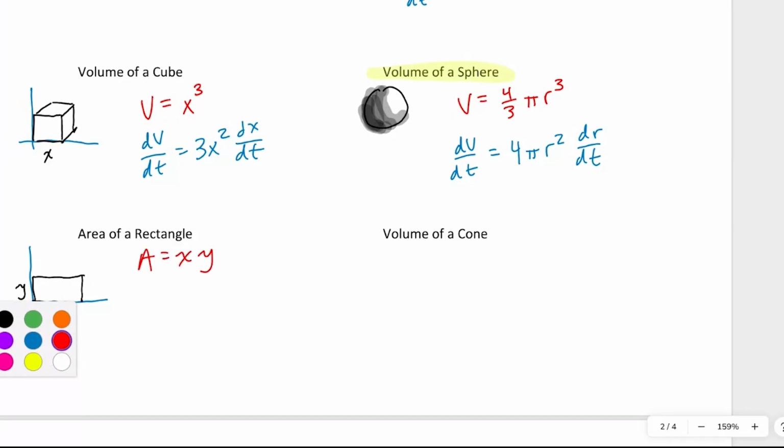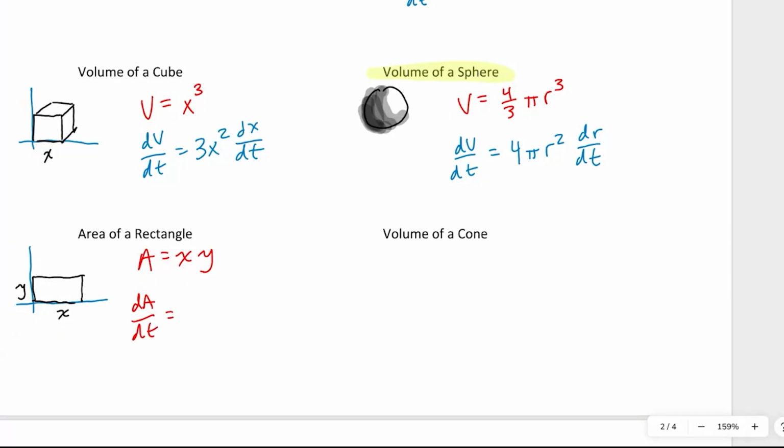So if I differentiate this, I'm going to have to use the product rule. Product rule again is f prime g plus fg prime. In this case, x prime y plus xy prime. So we've got dA dt. Now we're going to do the product rule here.